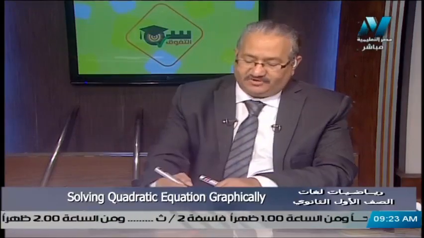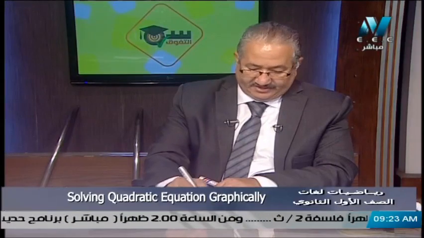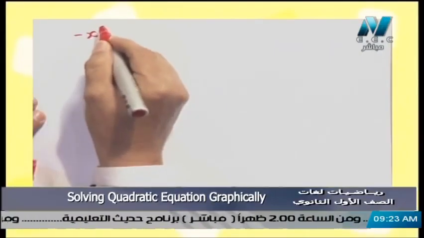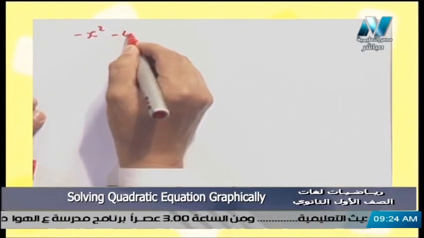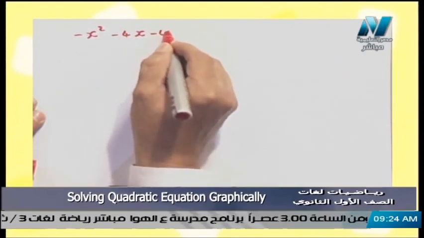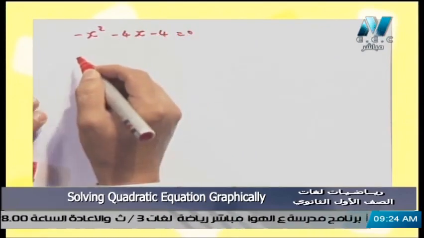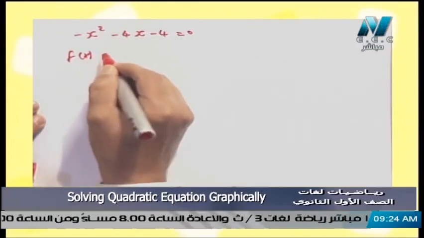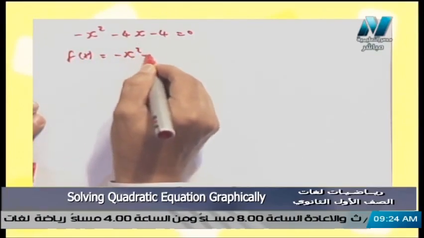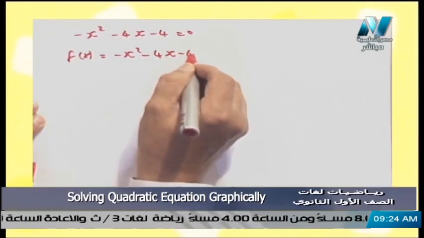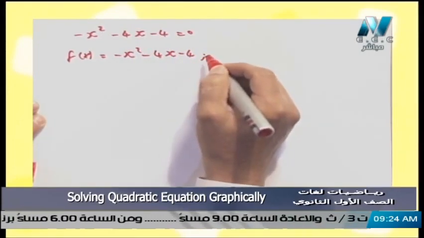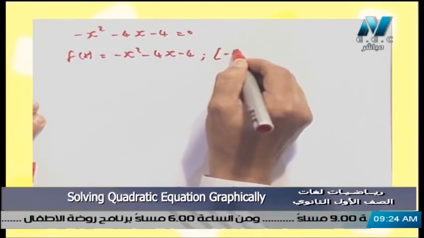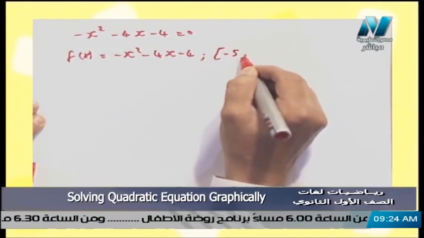Let the equation be negative x power 2 minus 4x minus 4 equals 0. That means the function is negative x power 2 minus 4x minus 4. And the interval that we use will be from negative 5 to 1.